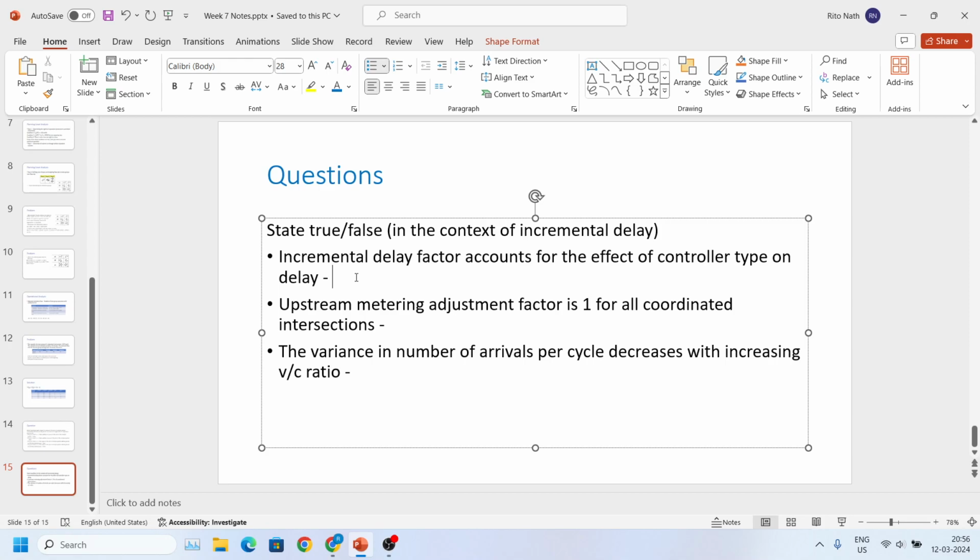So that's true because it's 0.5 for all pre-timed controllers and different values for actuated controllers. Then the variance decreases with increasing V by C ratio. This is also true.